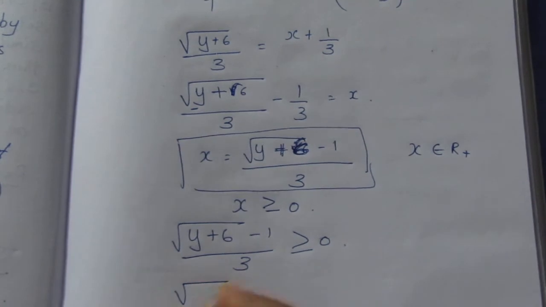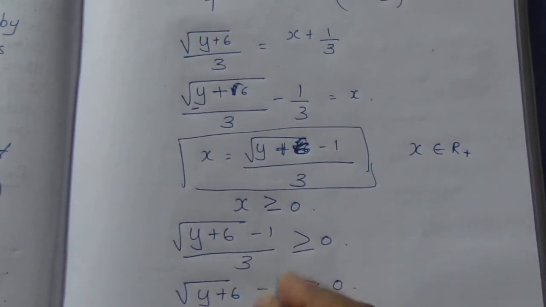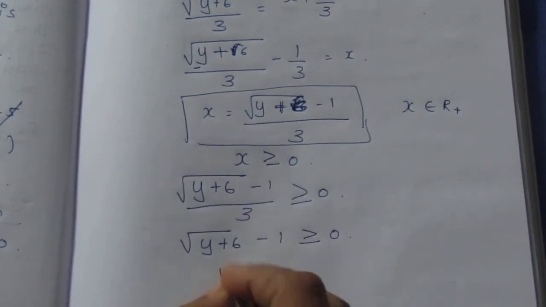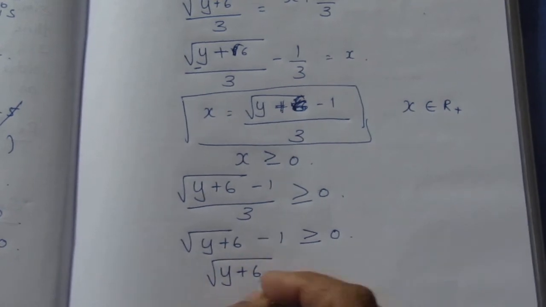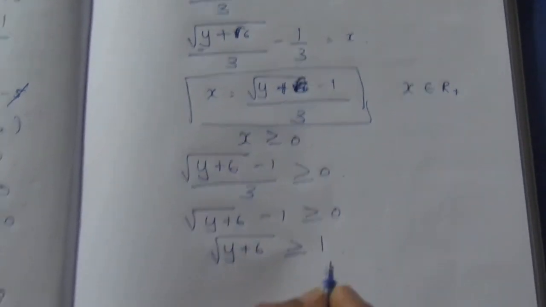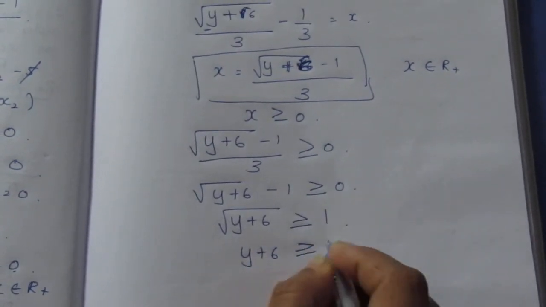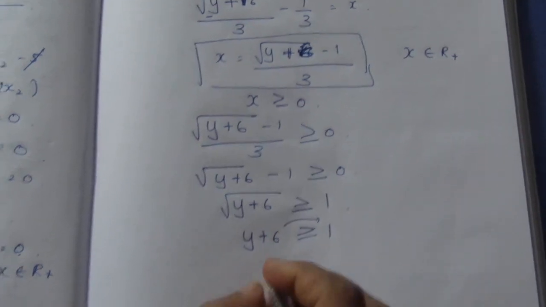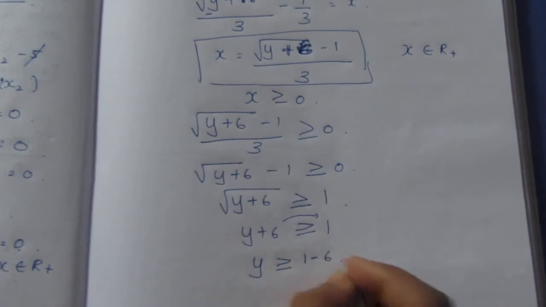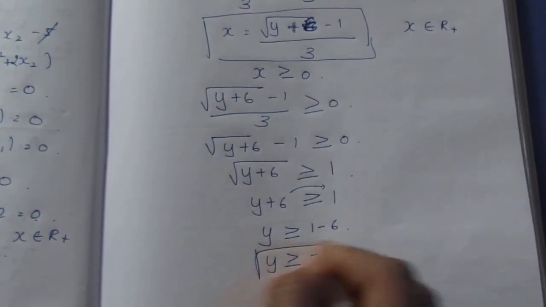So root of y plus 6 minus 1 is greater than or equal to 0. Bringing 1 to this side, minus 1 comes as plus 1. So root of y plus 6 is greater than or equal to 1. Bringing root to this side, it comes as a square, so it becomes y plus 6 greater than or equal to 1. Bringing 6 to this side, y is greater than or equal to 1 minus 6, which is nothing but y is greater than or equal to minus 5.